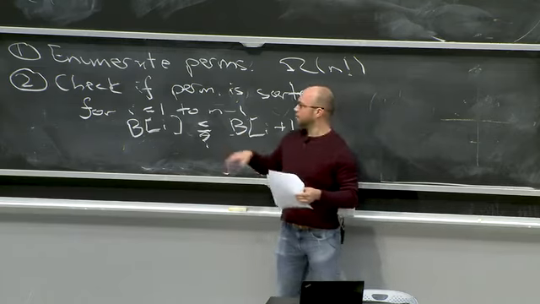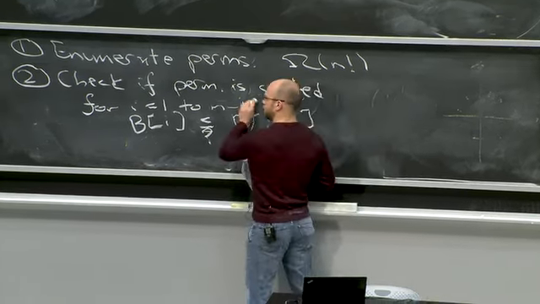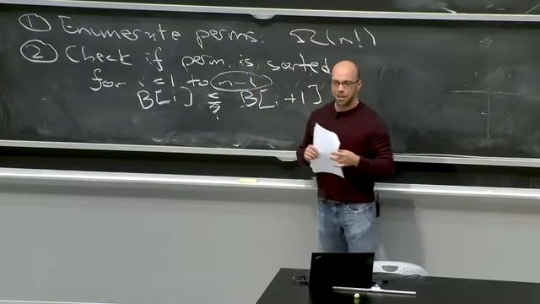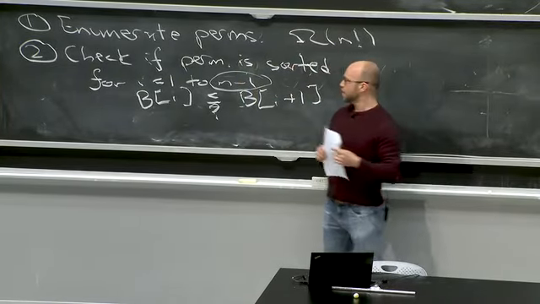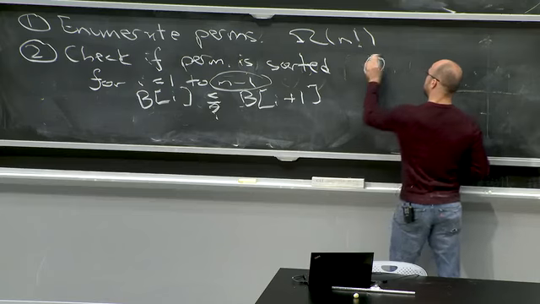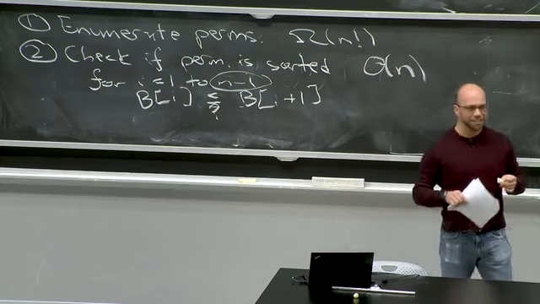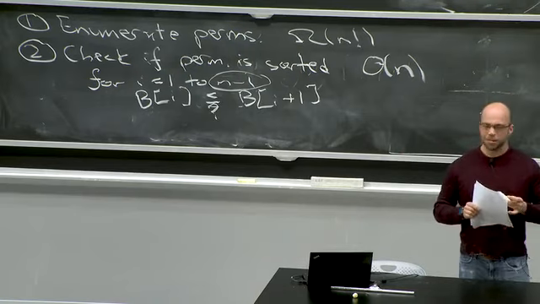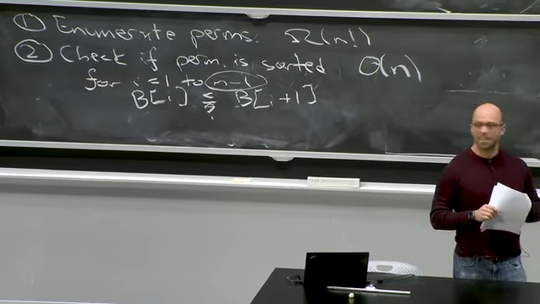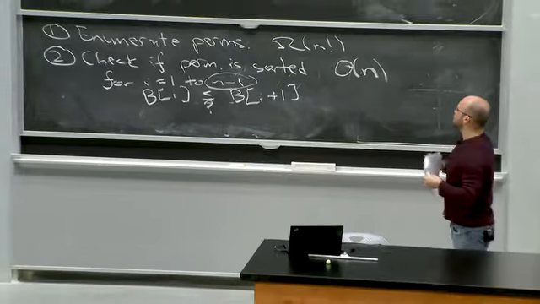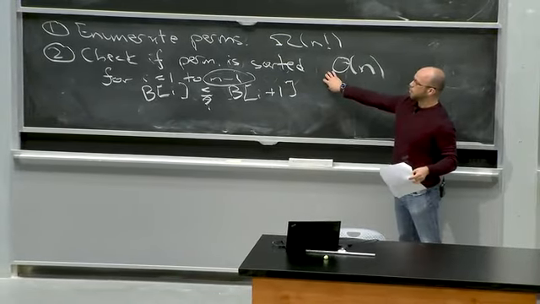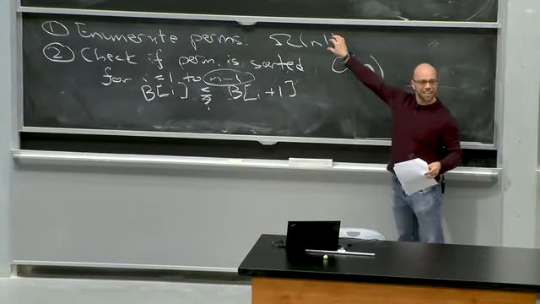So how long does this algorithm take? Well, it's kind of staring you right in the face, because you have an algorithm which is looping from 1 to n minus 1. So this step incurs order n time, theta of n time, because we've got to go all the way to the end of the list. So when I put these things together, permutation sort, remember that this check if sorted happens for every single permutation.